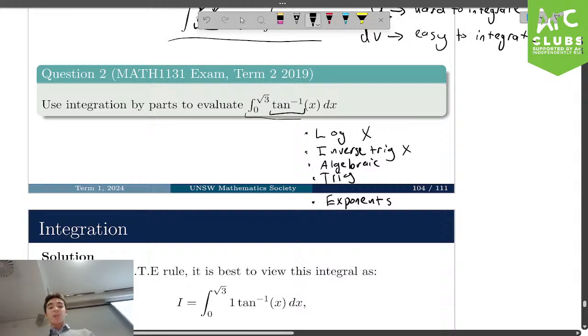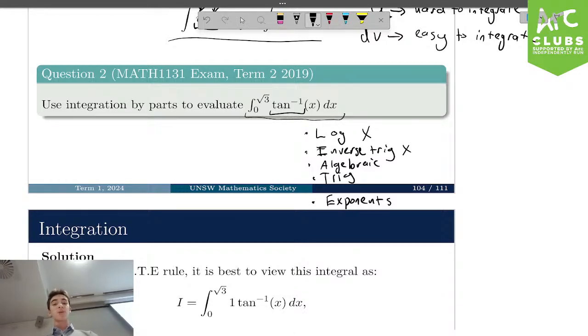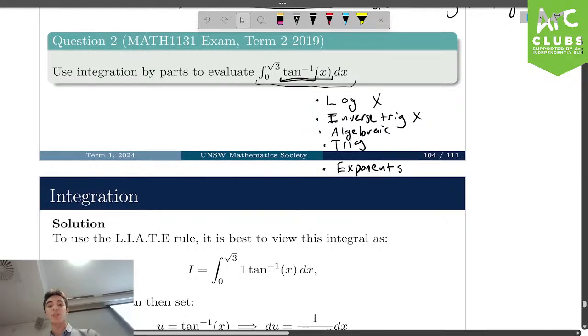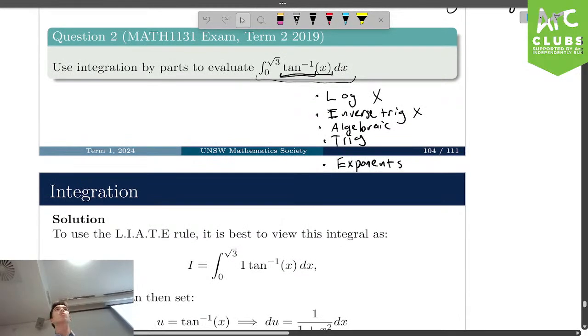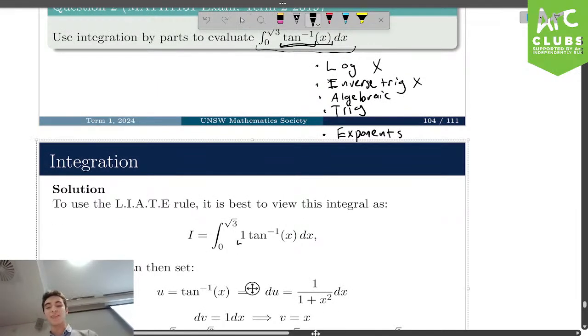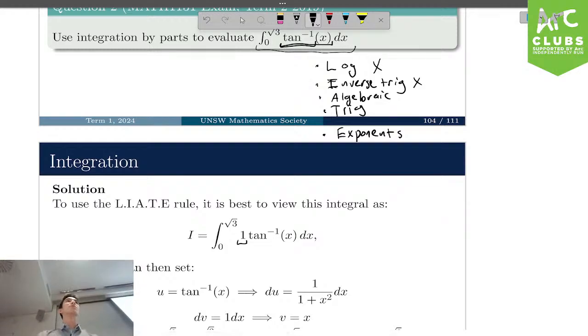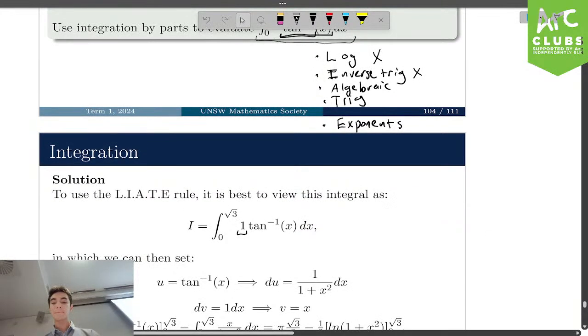Now, if we apply this to the actual integral that we're given, we do encounter an inverse trig component, and that's our function itself, right? So we want to break down our expression, inverse tan of x, into the product of inverse tan of x times something, okay? And the way that we've done this in a bit of a cheeky manner is broken it down into 1 times inverse tan of x, okay?